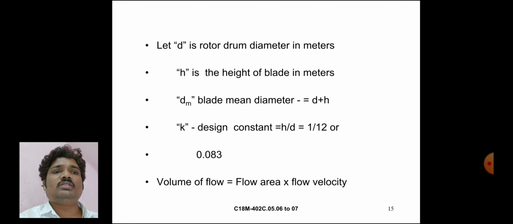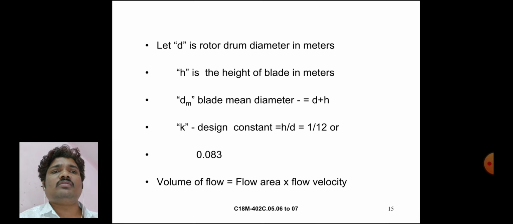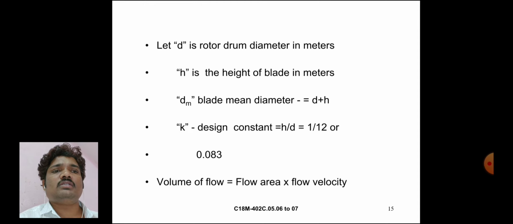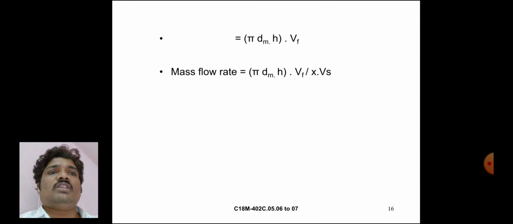Flow area is phi dm h, into flow velocity Vf. This mass flow rate is phi dm h Vf by x Vs.